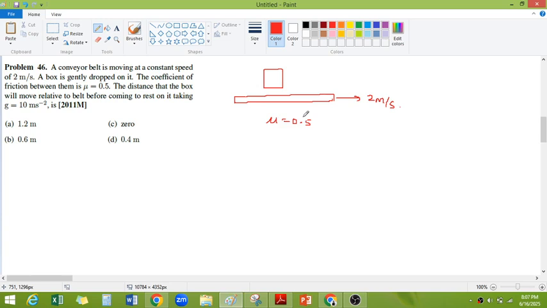Just think about it, what method you can use. As I pull the belt, as the conveyor belt is moving forward, and I place this, the friction will try to keep it along with the belt.